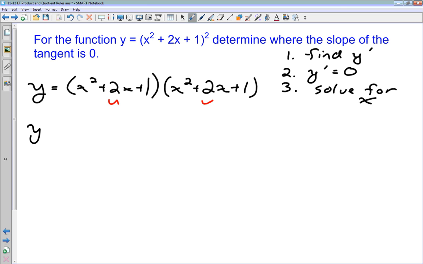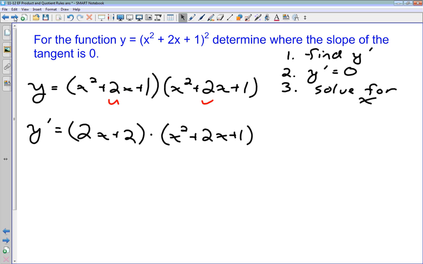So our derivative is going to be the derivative of that first term, so 2x plus 2, times the second, x squared plus 2x plus 1. So this is u prime v. And to this, we are going to add u v prime.